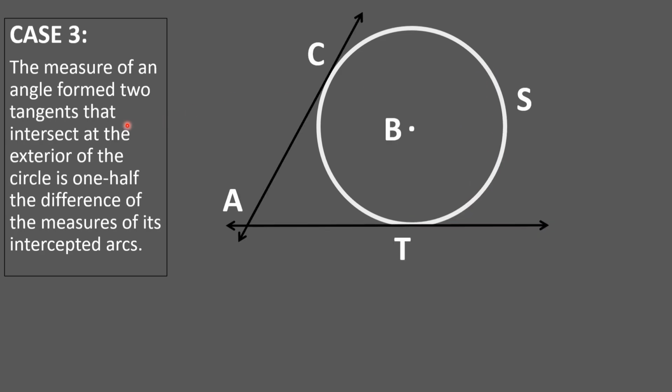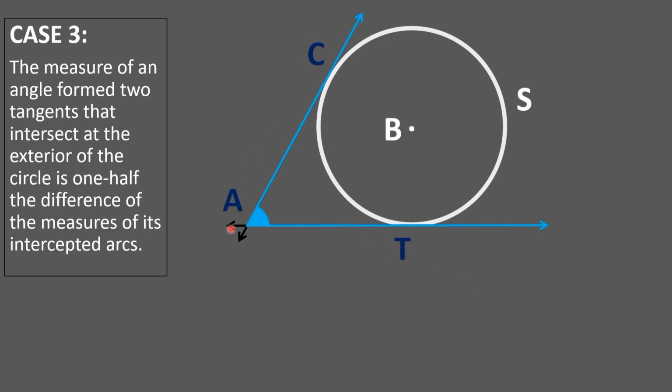In case 3, the measure of an angle formed by two tangents that intersect in the exterior of the circle is 1/2 the difference of the measures of its intercepted arcs. In this figure, the angle formed by the two tangents is angle CAT.